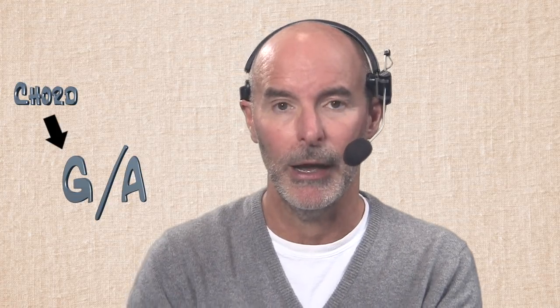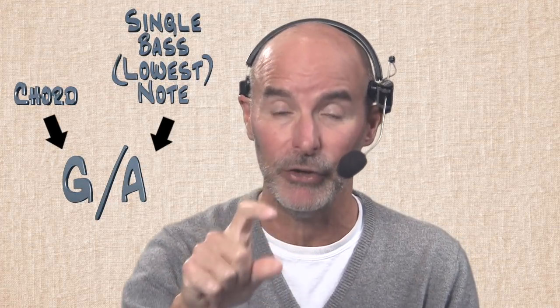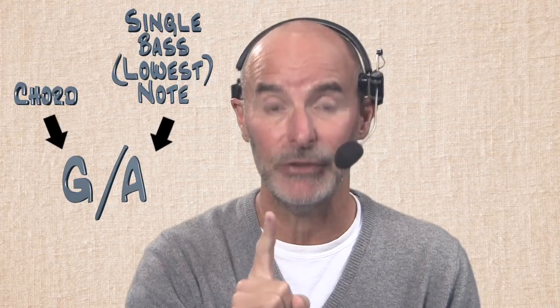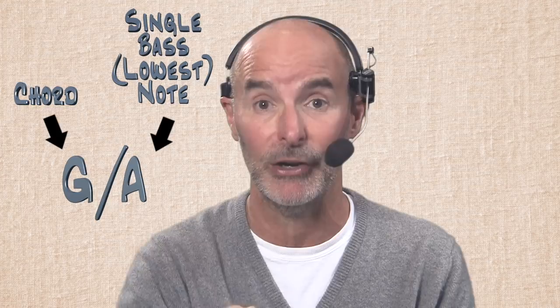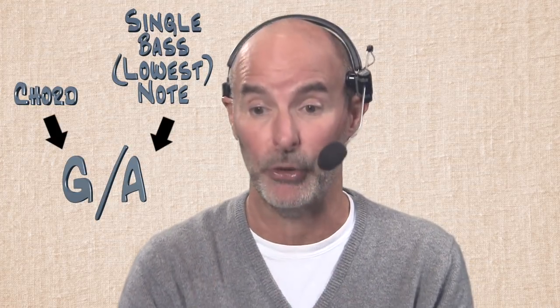If it says A flat minor 7, you play an A flat minor 7 chord. But whatever's to the right of the slash is the single note. That will never have anything but a single letter name there, because that's the single note that needs to be the root of that chord now. It's the note that you have to hear on the bottom. They're giving you a new bass note that is not the root, okay?